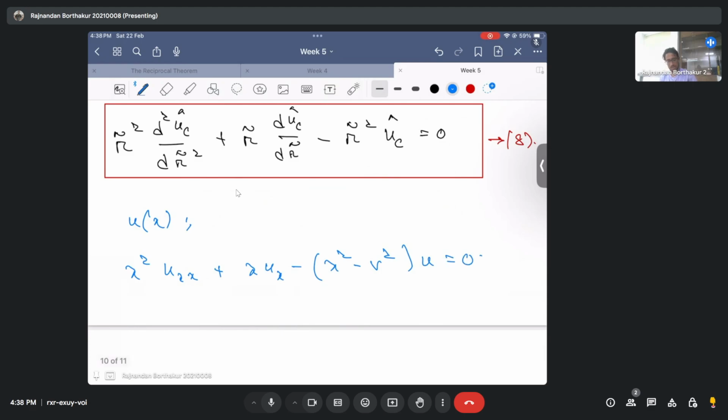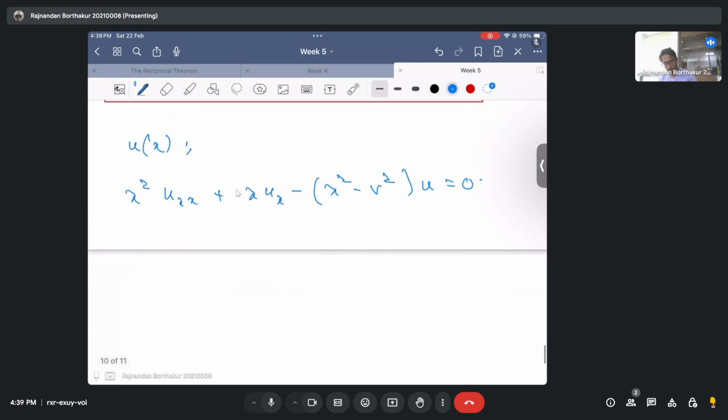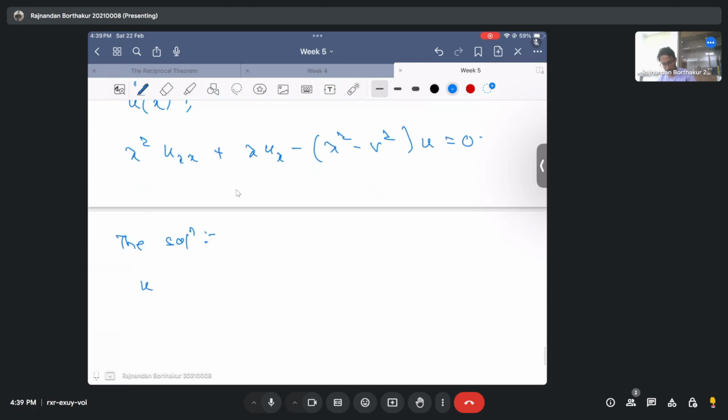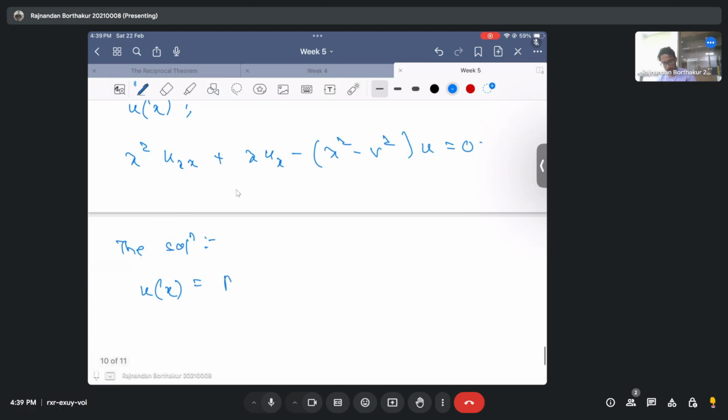If u(x) satisfies this, then the solution of this equation is u(x) equal to some a times J_nu of x, where I'll tell you very shortly what this J_nu is. There are two linearly independent solutions.